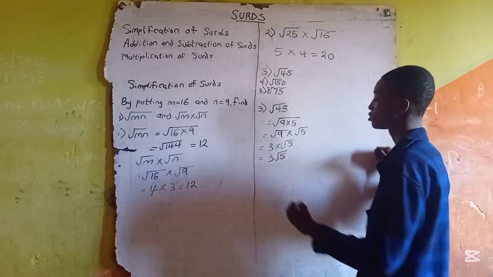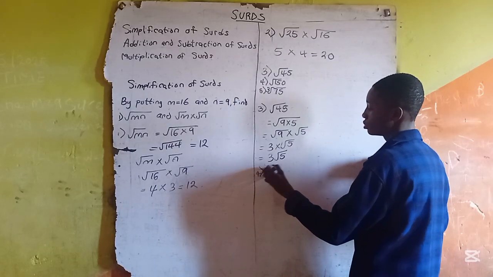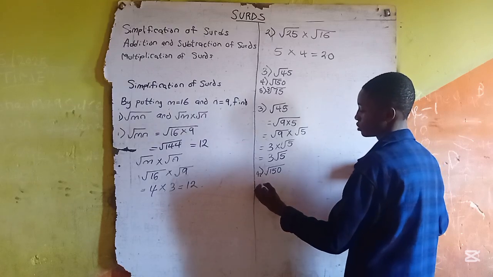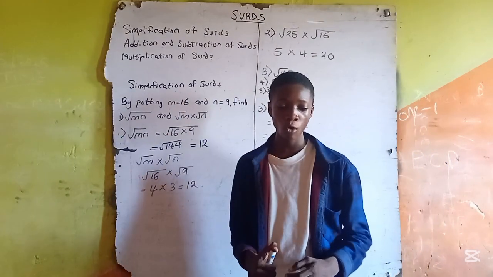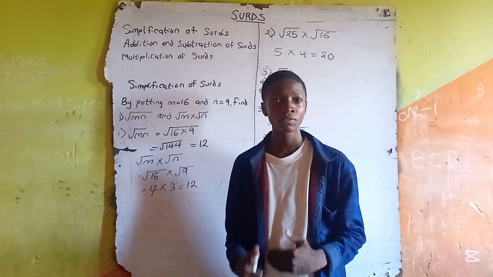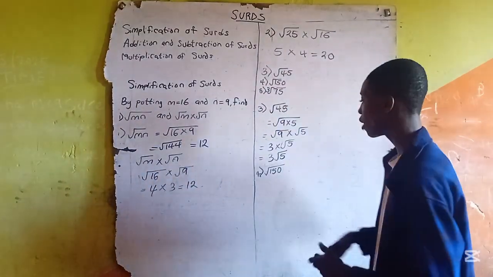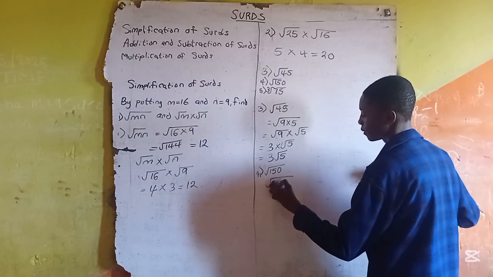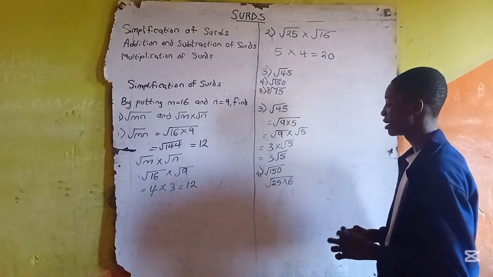So now let's go to the other question. Root 150. Like I said the other time, we are going to look for one number that we can square root and another number that we cannot square root. So how can we get from 150? We can use 25 multiplied by 6. Am I right?